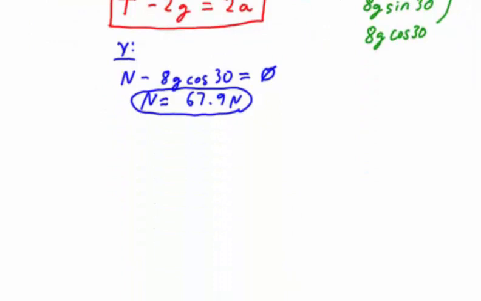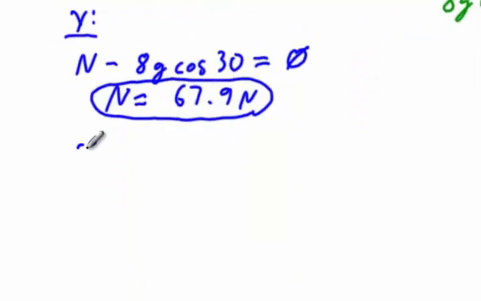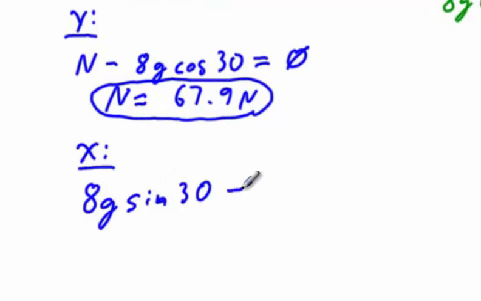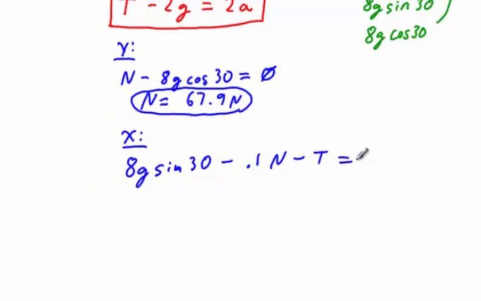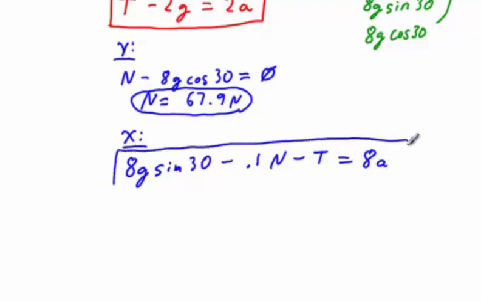This then yields our x equation: 8g sine 30, minus the friction, which is mu k times the normal force, minus the tension, equals the sum of the forces, m times a. The mass of this object is 8, and the acceleration we don't yet know. This makes our second equation into unknowns.